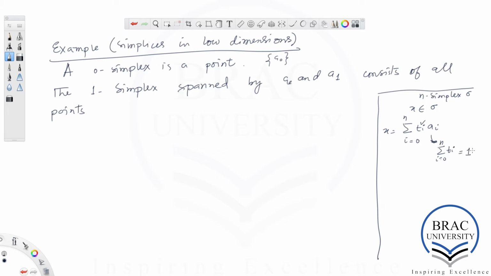So that's the general definition of an n simplex.